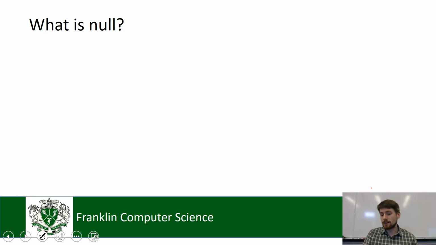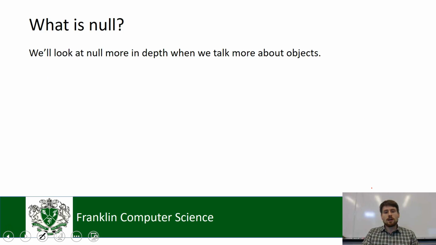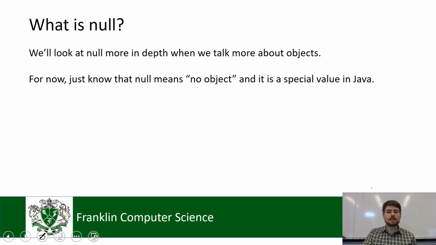So what is null? We're going to look at it more in depth when we get into building our own objects and what objects are exactly in programming languages. But for now, what you need to know about it is that null means no object.